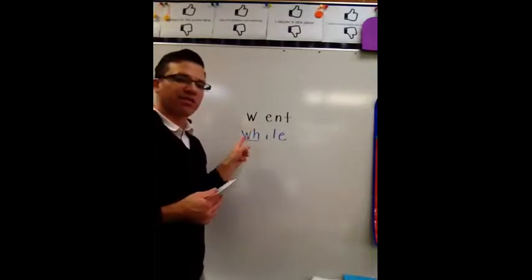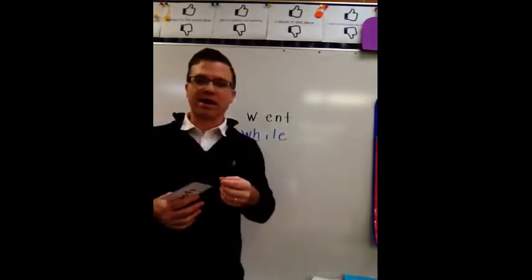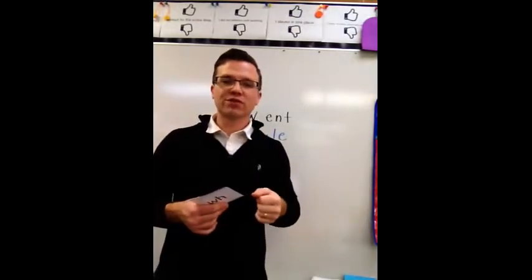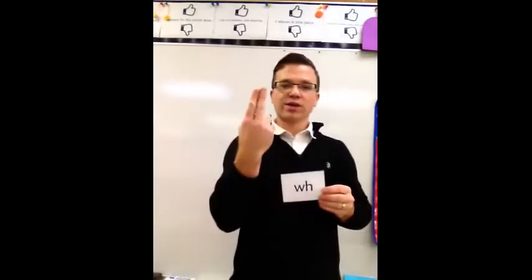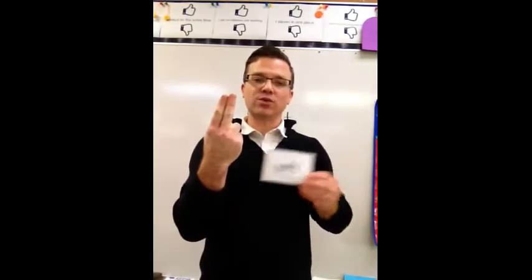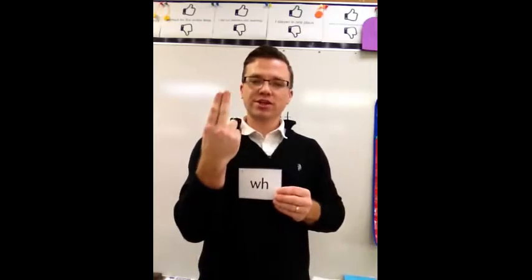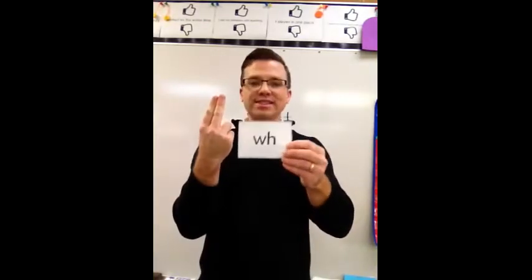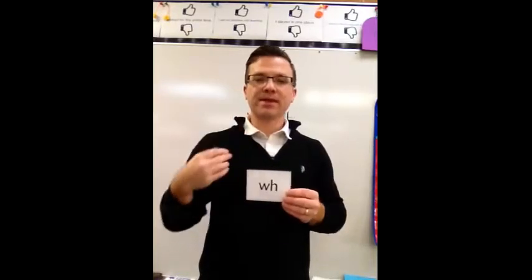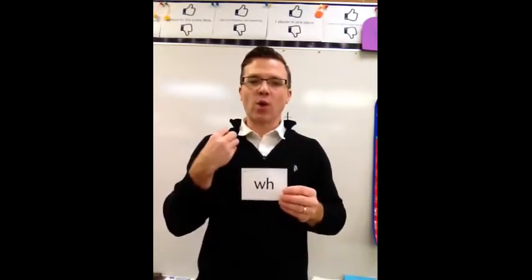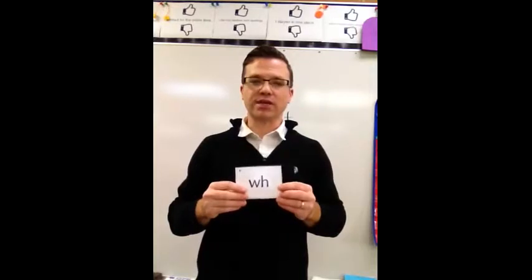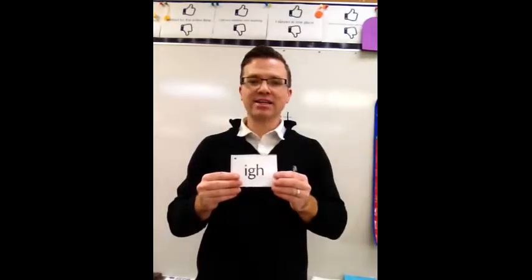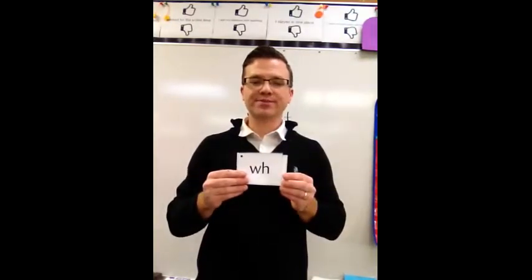There's a lot more breath behind it and a lot more room in your mouth, like W. For the purpose of spelling words, when your teacher goes to teach you a word that has the WH, they're going to hold up 2 fingers. So you should automatically know, oh, that's the WH going W. But we can also look at it and say W, more breathy sound. Okay? So we have I and W.